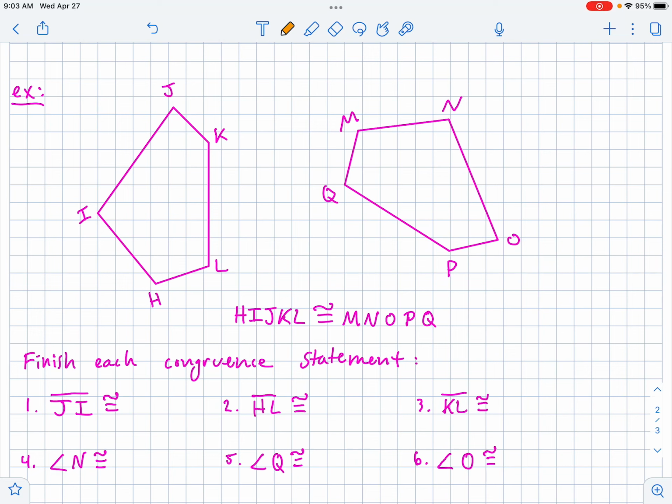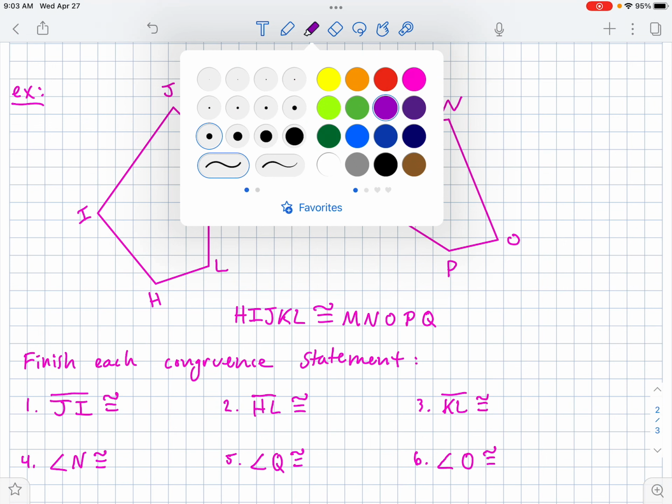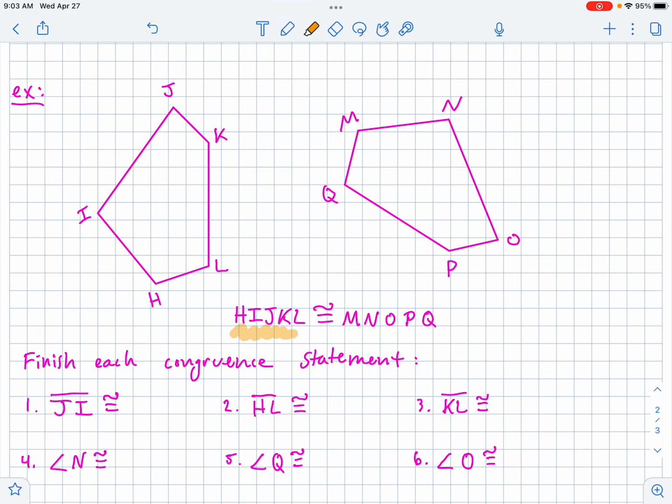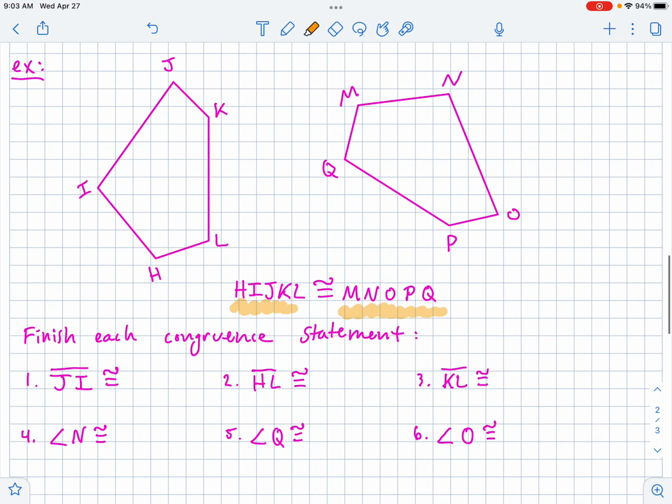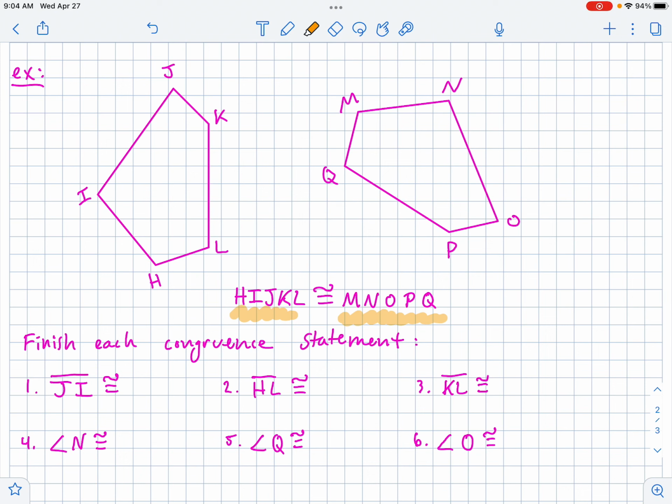Now here, there are no congruency markings, but they tell us that the order of the letters, HIJKL, is the same as MNOPQ. So we're going to fill out each of these congruency statements. The first one is side JI is congruent to what? Well, JI is this one right here, and it's slightly confusing which one it lines up with on this side.